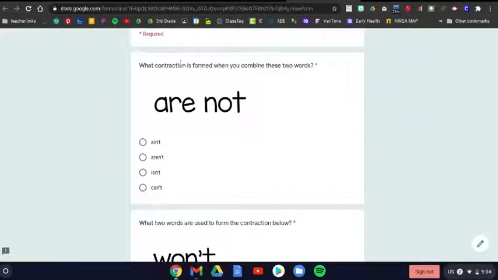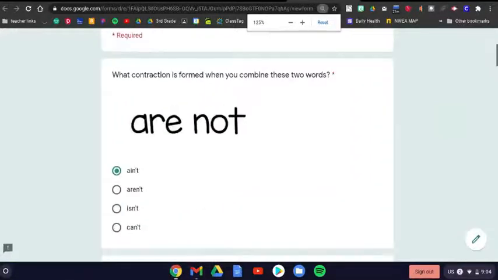What contraction is formed when you combine these two words? My words are not. Does are not become ain't, aren't, isn't, or can't? I want you to write the contraction in the chat box. Are not. What does it become?